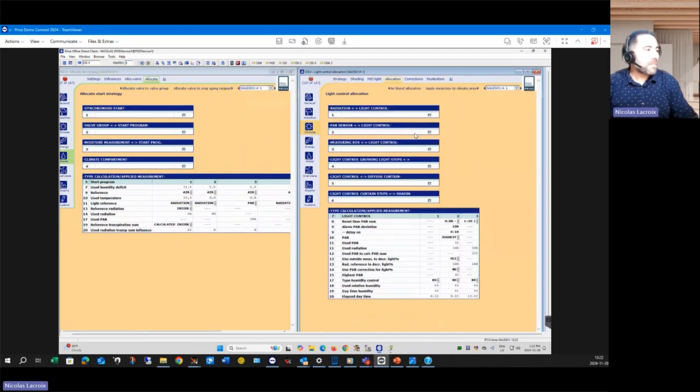Nicola, we do actually have a question in the chat here, from Jen, wondering if we can go over HPS as well, or only LED. You can go also with HPS. If it's on-off HPS, you can still control the HPS with the light control.